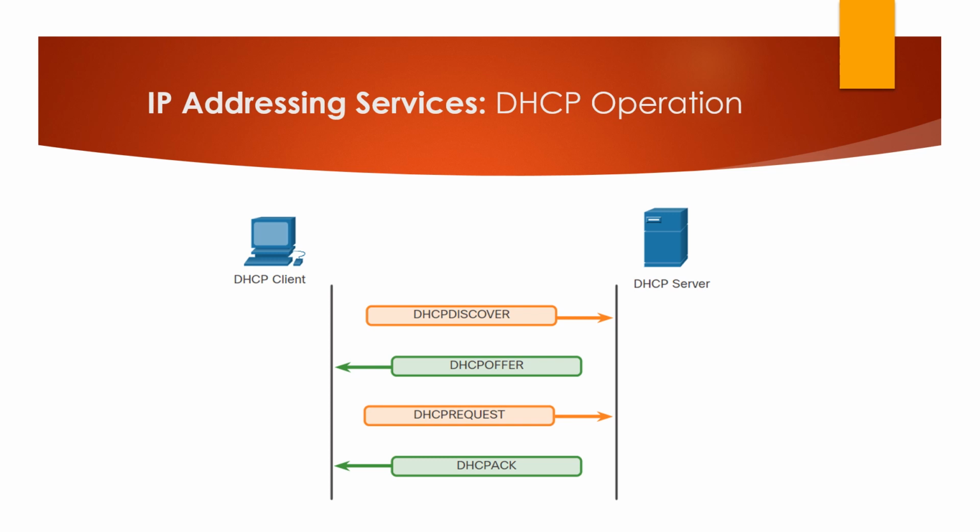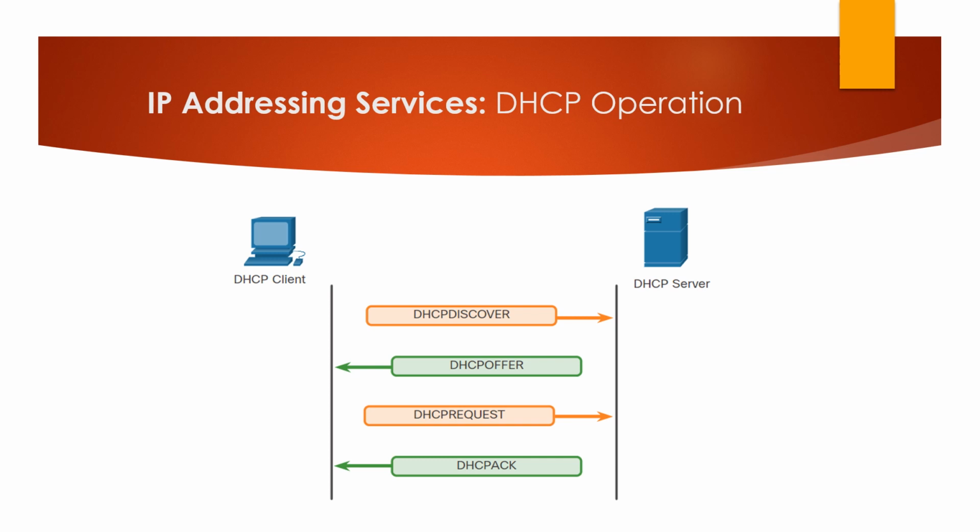The client may receive multiple DHCP offer messages if there is more than one DHCP server on the local network. Therefore, it must choose between them and send a DHCP request message that identifies the explicit server and lease offer that the client is accepting.